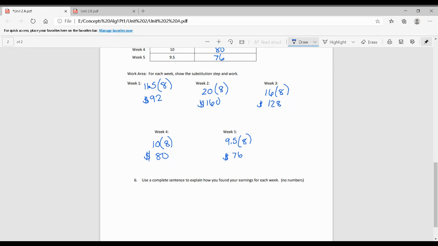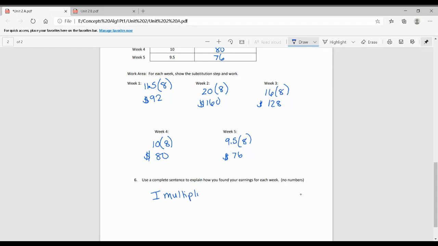All right, so use a complete sentence to explain how you found your earnings for each week. All we did was multiply what? What 2 numbers would we always multiply? The hours, right? Exactly.